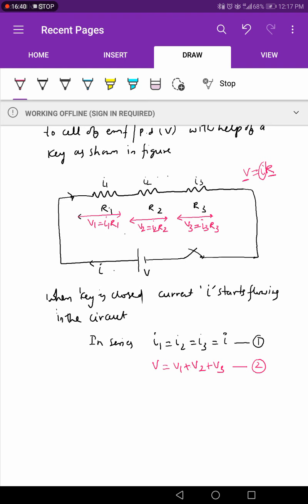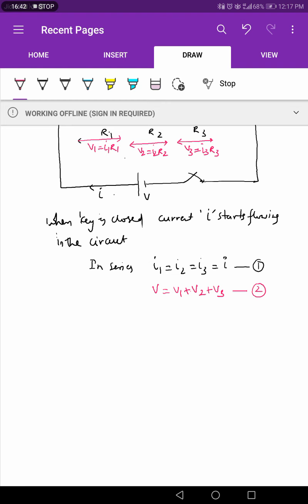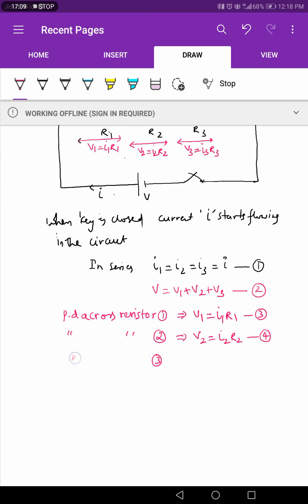Right. Okay? Next, potential drop across resistor 1, we can write V1 is equal to I1 R1. Next, potential difference across resistor 2, V2 is equal to I2 R2. Next, across 3, V3 is equal to I3 R3.